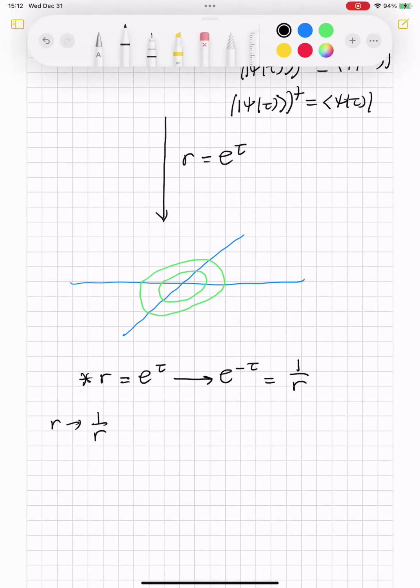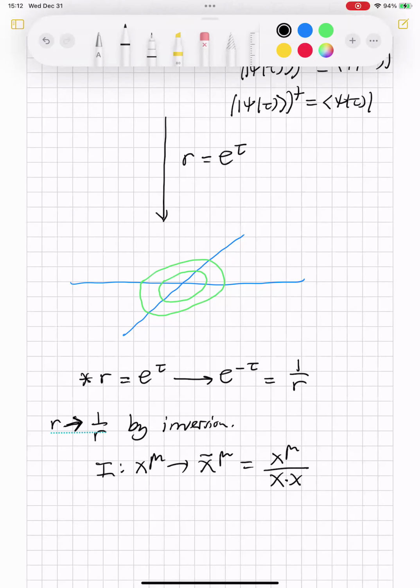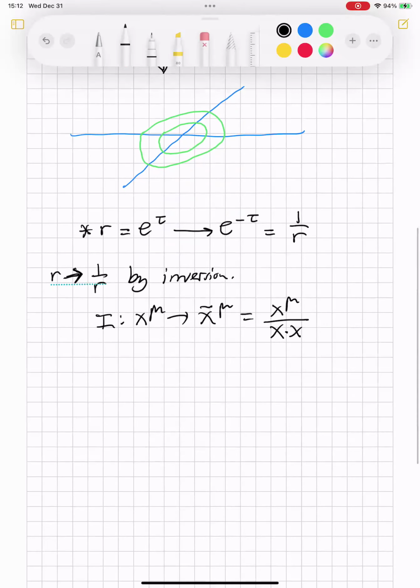This is performed by inversion, that discrete conformal transformation that we've already discussed. So let me just remind you, I takes x mu into x tilde mu, which is nothing but x mu over x dot x. And you can easily check that I acting on r takes r into 1 over r.